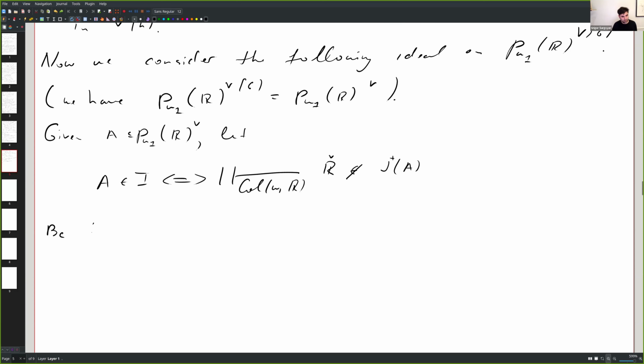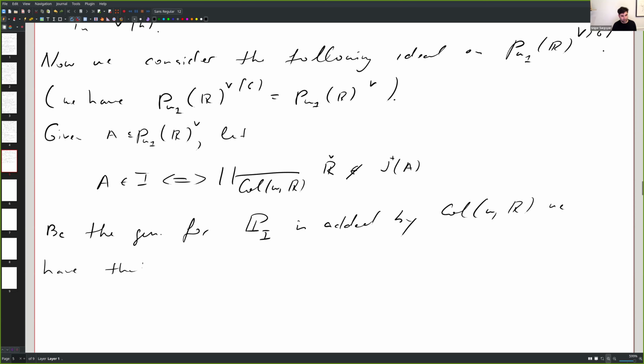Because the generic for the forcing P omega 1 R, we have that I is dense, omega 1 dense in V[G].